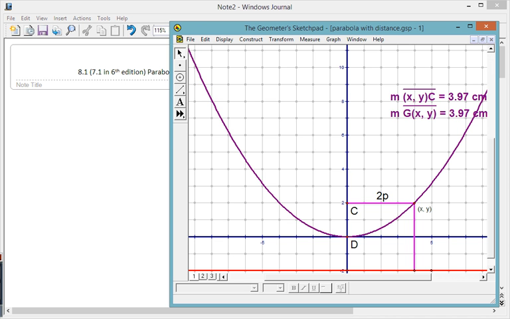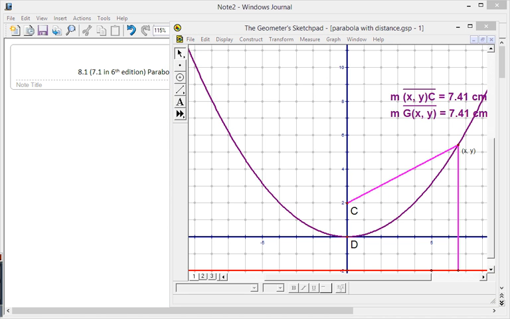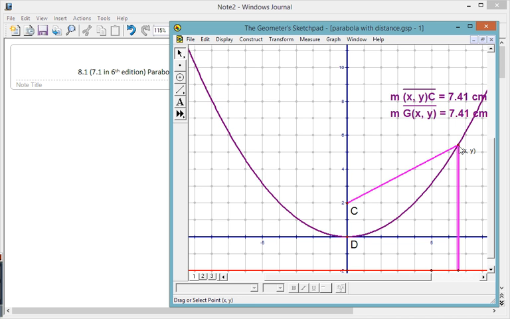Okay, so I drew one here, and if you notice, so here's the point xy. It would be any point on the parabola, right? Now you notice, so this line right here is the distance from C, which is going to be our focus in this parabola, to the point on the graph. And you notice this line over here, this would be the distance from the same point to a line, and this is the directrix.